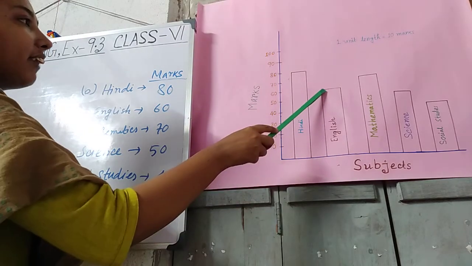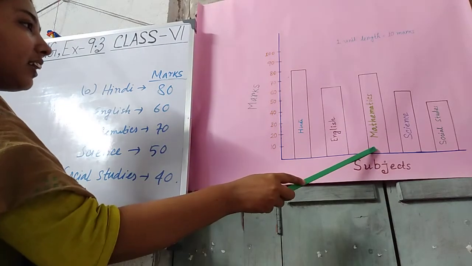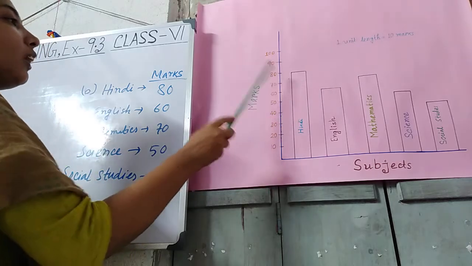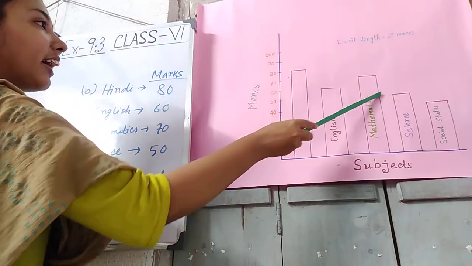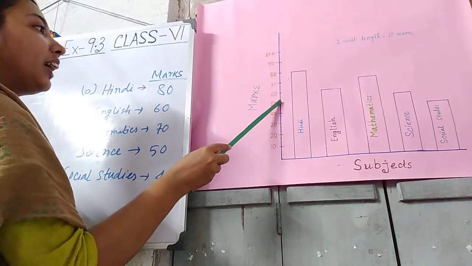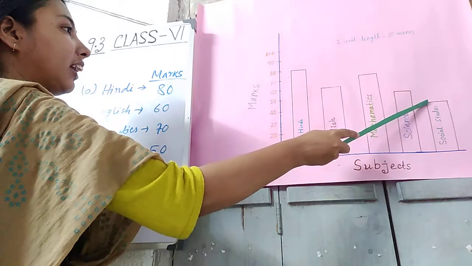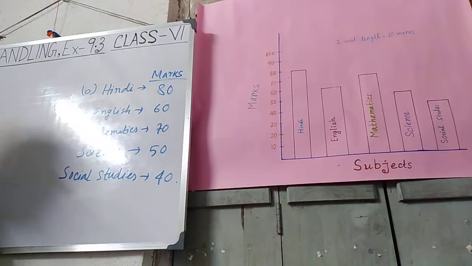For English, bar graph touches at 60, marks will be 60. For mathematics, bar graph touches at 70, marks will be 70. For science, bar graph touches at 50, marks will be 50. And for social studies, bar graph touches at 40, so marks will be 40.